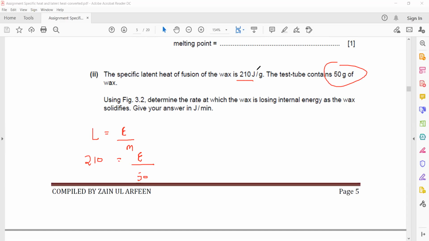Why? Because the latent heat is given in joules per gram and the mass is in grams. If it was joules per kilogram, then the mass should be in kilograms as well. So 50 is divided here, on the other side it will multiply. 210 multiplied by 50. What's the answer? 10,500 joules.